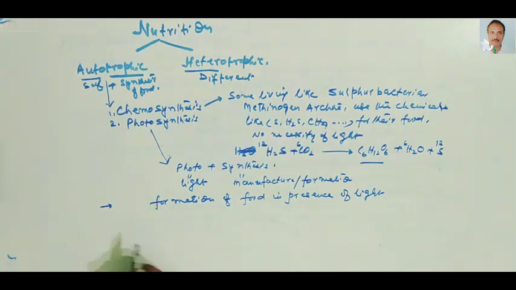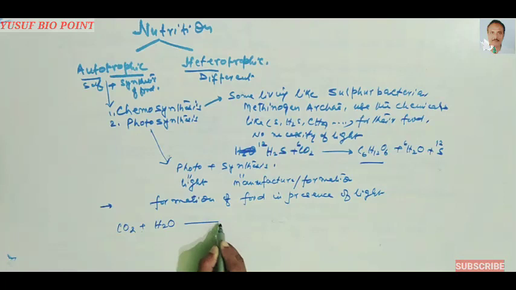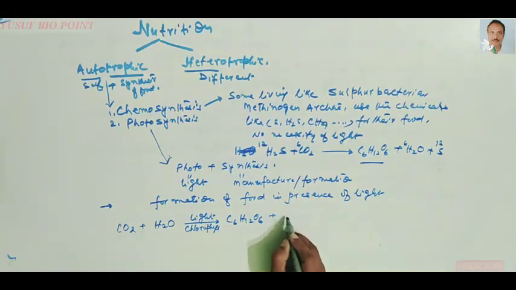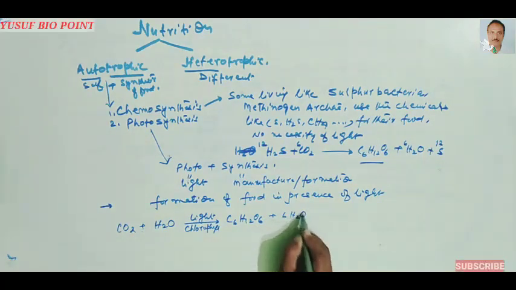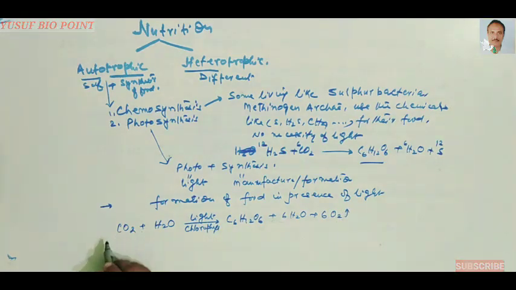The equation of photosynthesis is 6CO2 plus 12H2O, in presence of light and chlorophyll, gives C6H12O6 plus 6H2O plus 6O2. This O2 is eliminated. So this is the process of photosynthesis.